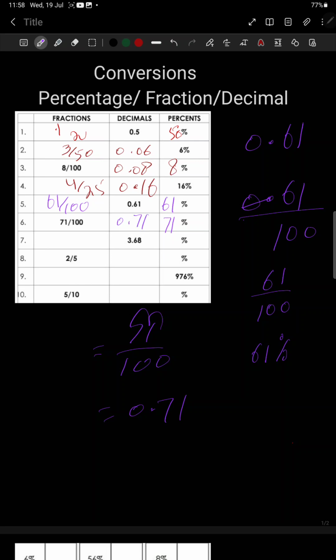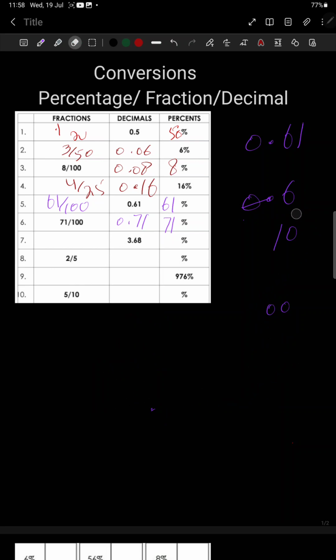The next one is 3.68. This is a little bit different because there is a number 3 before the decimal. We will follow the same pattern. While converting it into fraction, I will write 3.68.